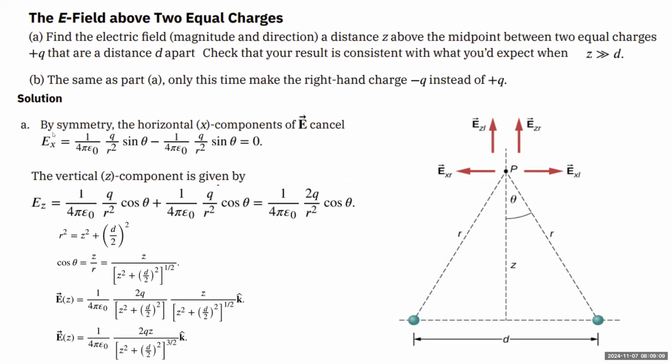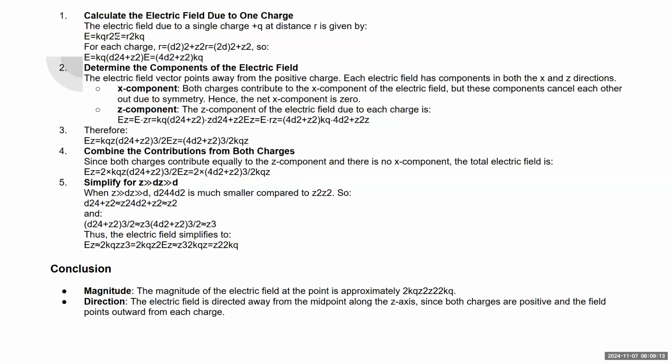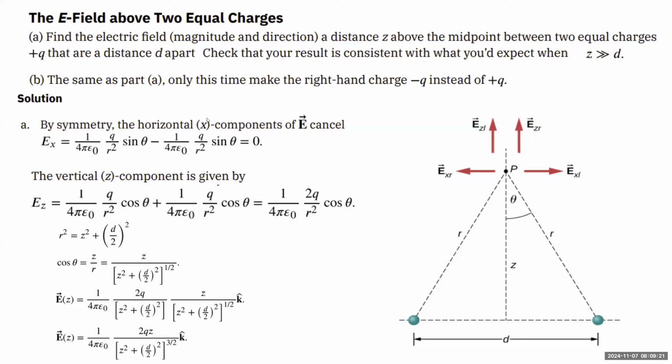The steps were, we had to first calculate the x and y components of the two charges, and since they were an equal distance, the horizontal components canceled out, which is right here. And then the vertical components were given by this.